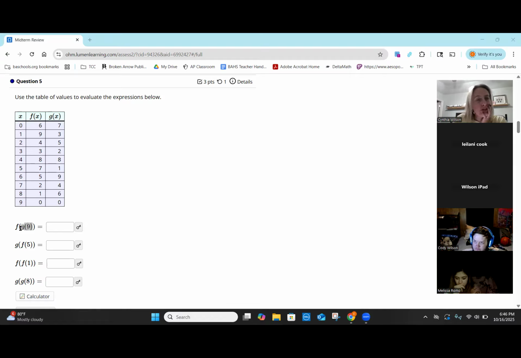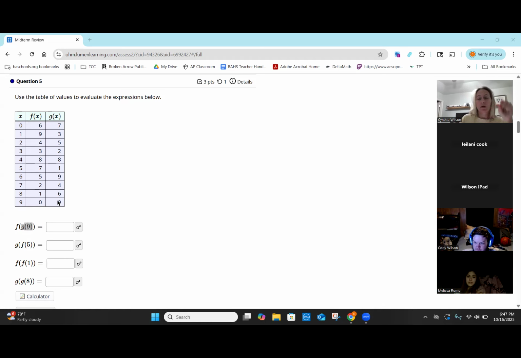So we want to find g of 9 first. We have all the x's here on the left column, and 9 represents an x. So 9 is this bottom row, and I want to find g of 9. Well, g is the right column. So g of 9 is 0. Okay.